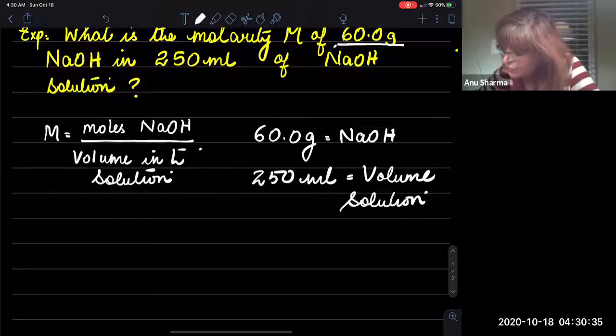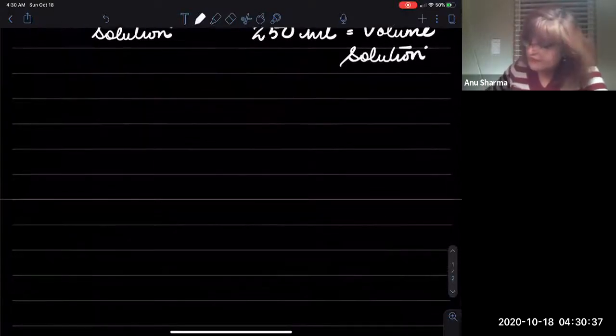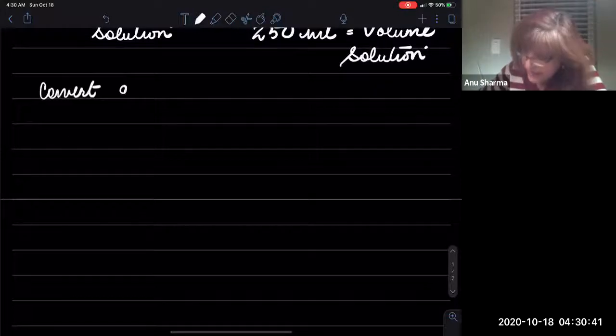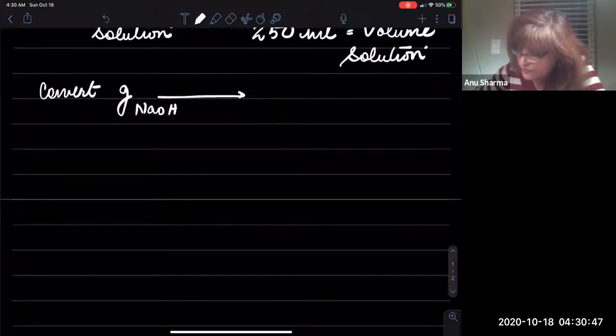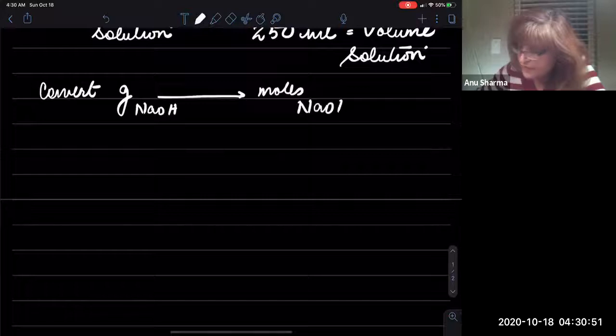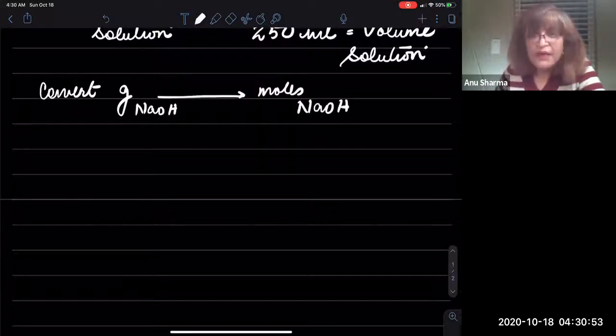So you will have to do two conversions. First is to convert the grams of NaOH to moles of NaOH. For that, you would need the molar mass of NaOH.